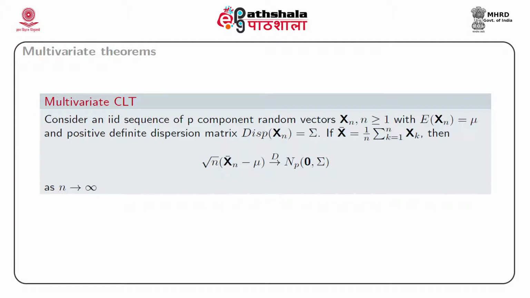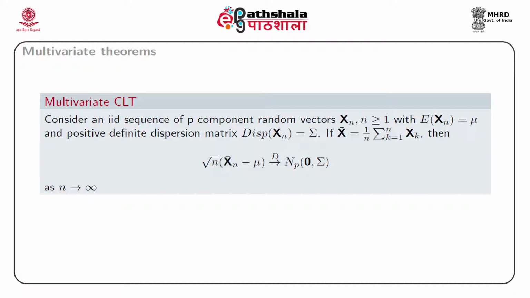Consider an IID sequence of p component random vectors xn, with expected value mu and a positive definite dispersion matrix sigma. In fact, it is already known that dispersion matrices are always non-negative definite, but to apply multivariate CLT we need a positive definite dispersion matrix sigma.